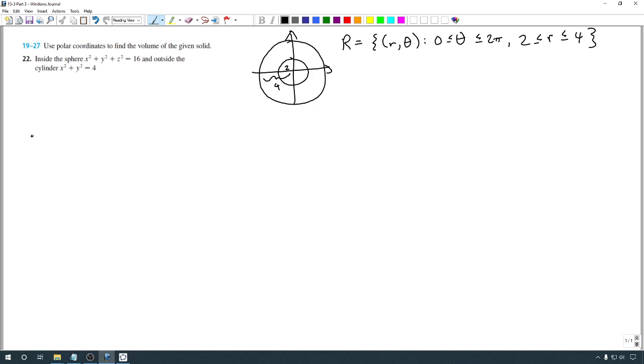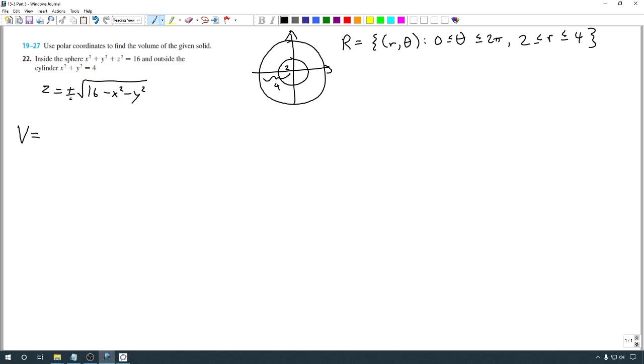If we were to set this up in terms of x and y, we'd essentially solve this for z. So z would be plus or minus the square root of 16 minus x squared minus y squared. Move the x squared and the y squared over to the other side, take the square root.